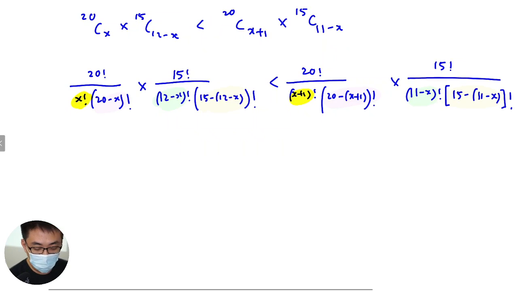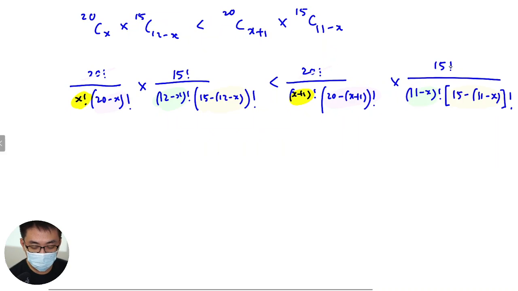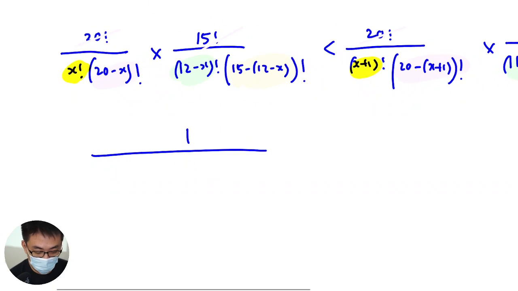So what I'm gonna do is I'm gonna cancel the top one. Now, when you cancel, remember to put a 1 on top. Please don't leave it like you cancel, then it suddenly becomes numerator. As a denominator, it's just been denominator. So this is x factorial, 20 minus x, 12 minus x.